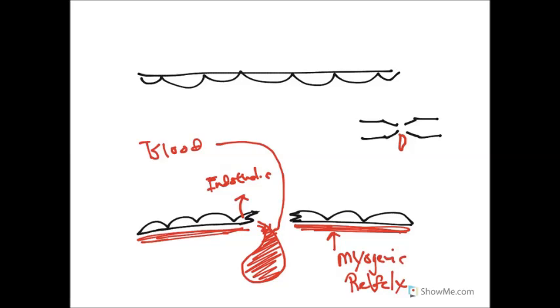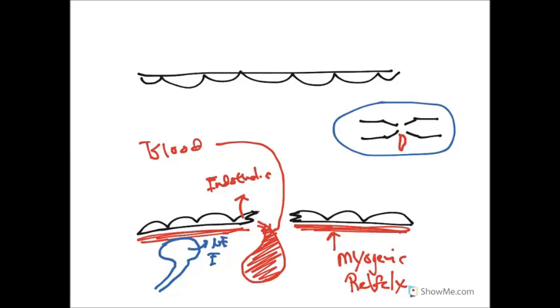Now, also with any tissues here, we have neurons attached to it, and these neurons release various neurotransmitters, and one that we're going to see is norepinephrine and epinephrine. These are our constrictors, and these constrictors would also help to create a vascular spasm.